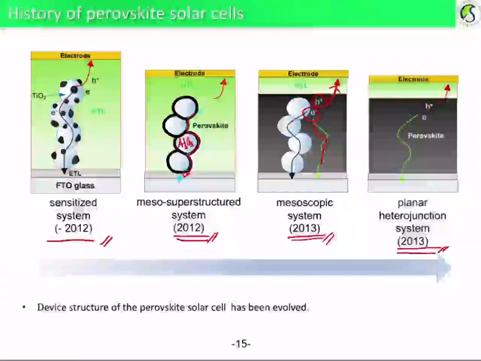So both the electron and hole should transport through the perovskite layer. So the charge transporting property of the perovskite layer should be very good in this device structure.